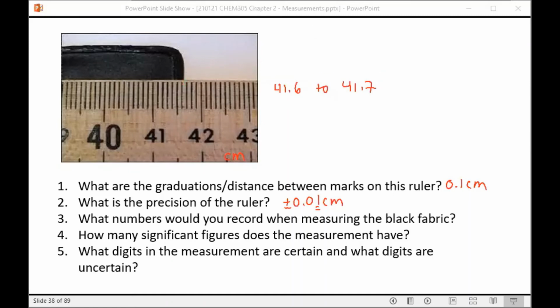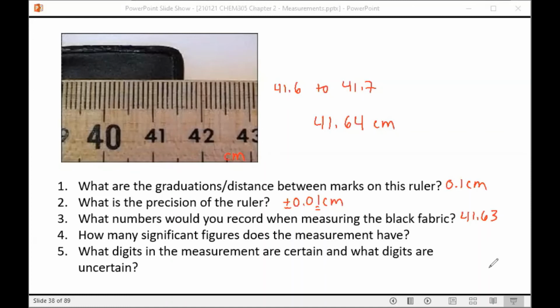I'd say 41.64. And you reading this, you might come up with a slightly different number. You might say it's 41.65, 41.63, but let's write down what I came up with. So 41.63.